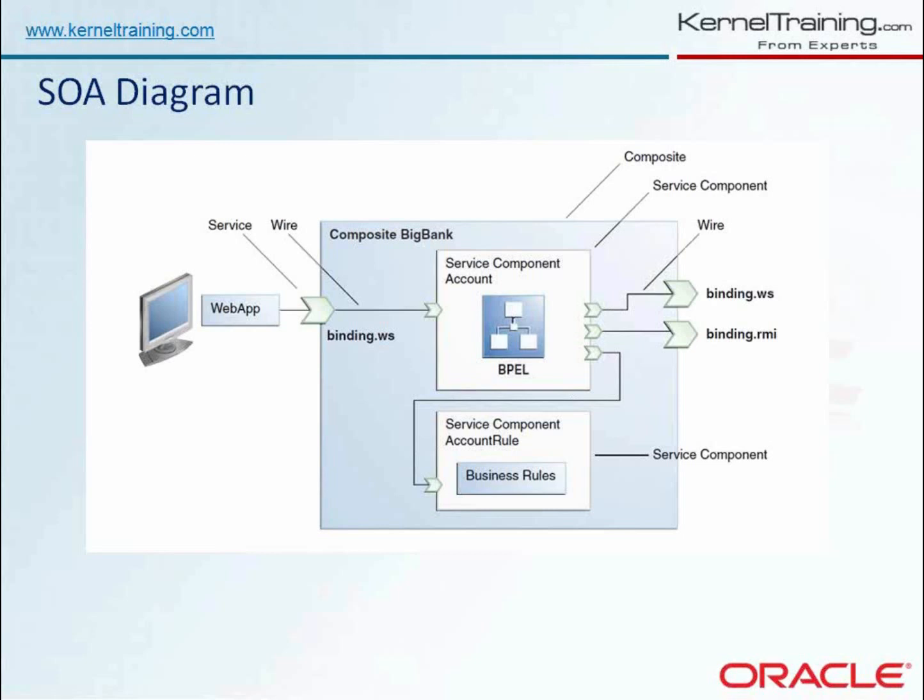Now, what will happen in the diagram, you will be able to understand here. From the web app, your data is going to the service component. Whatever binding comes after this, that is SOA. And after that, what you are seeing from the wire part, that is the external world. SOA is connecting wires from your web application to the external world.